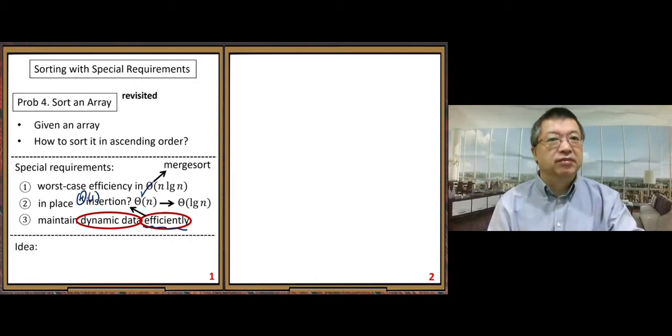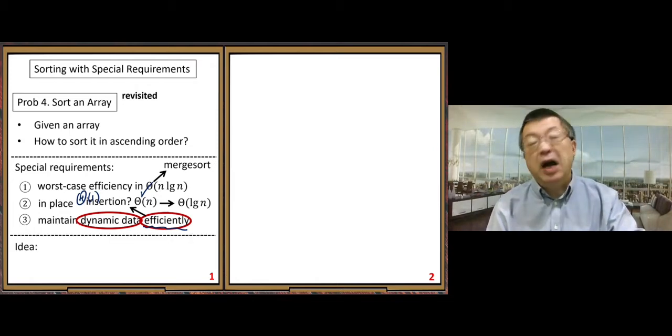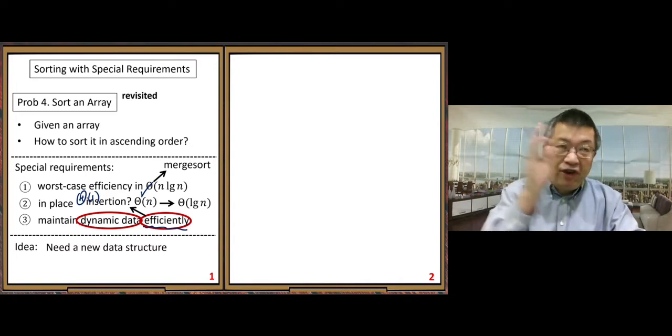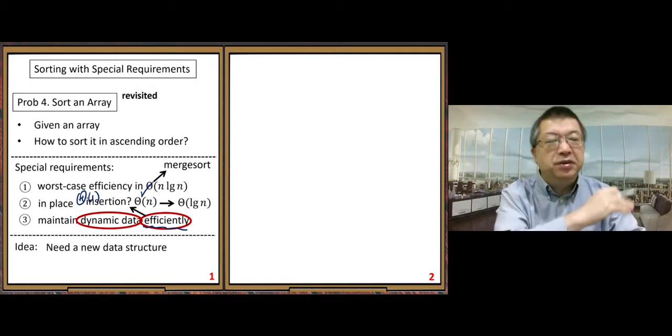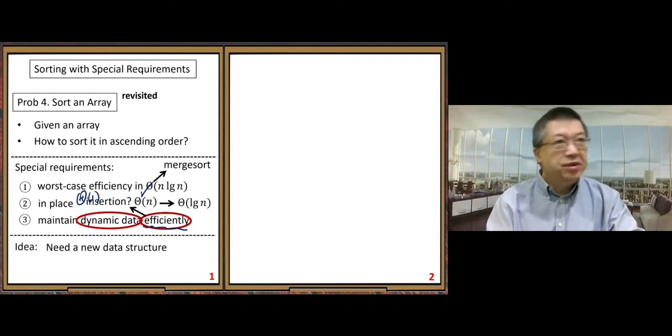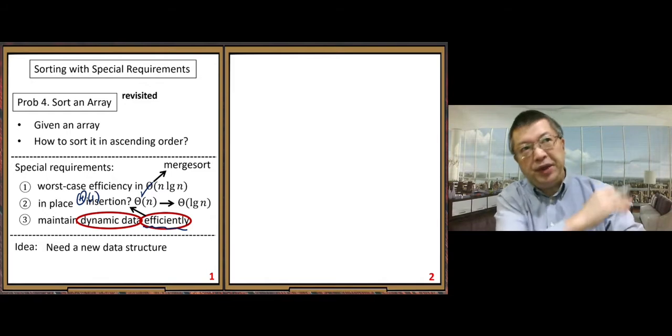The idea: how can you do it? You can see this problem is not quite easy to solve. First, we need a new data structure. Usually for some relatively advanced algorithm, you need some advanced data structure. Here we have that situation. We need to start with a new data structure.